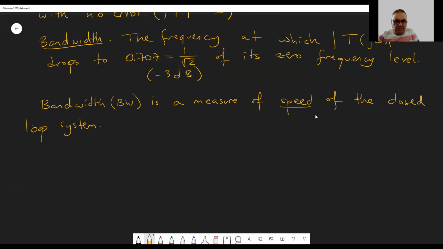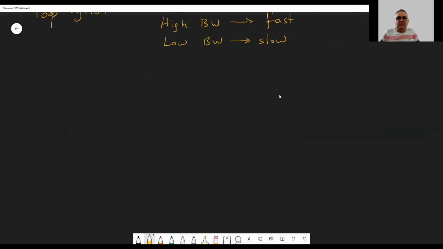So if you have high bandwidth, it means fast response, and low bandwidth means slow response.